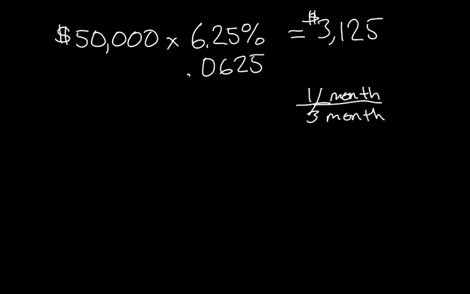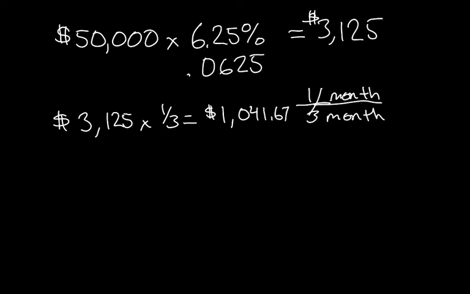So we need to take 1/3 of the 3,125, multiplied by 1/3, and we'd get $1,041.67.